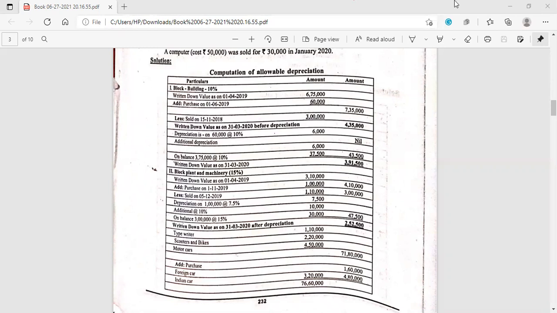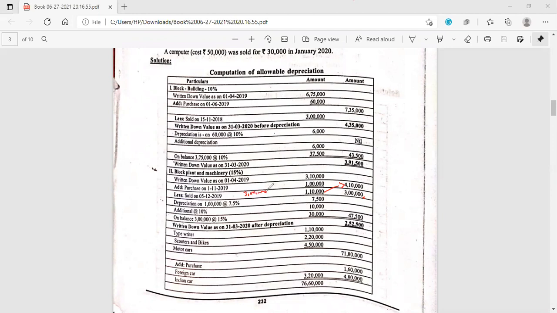On balance here, we must be careful. After deducting 1,10,000 from 4,10,000, we have got 3 lakh rupees. Now we have only 3 lakh rupees.